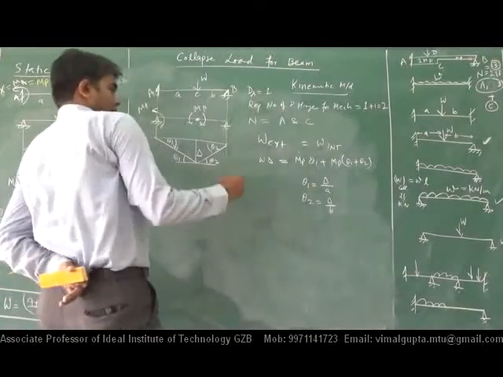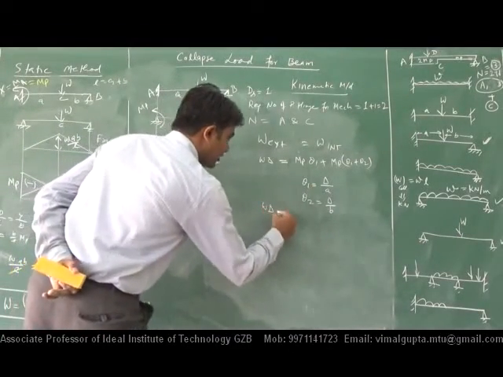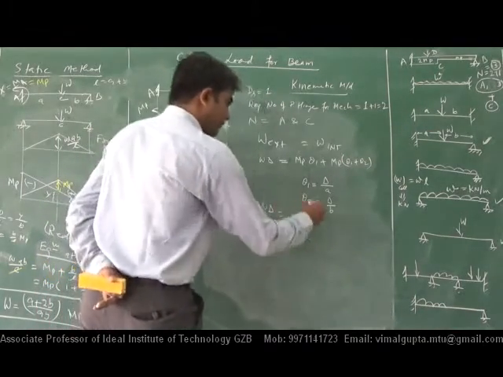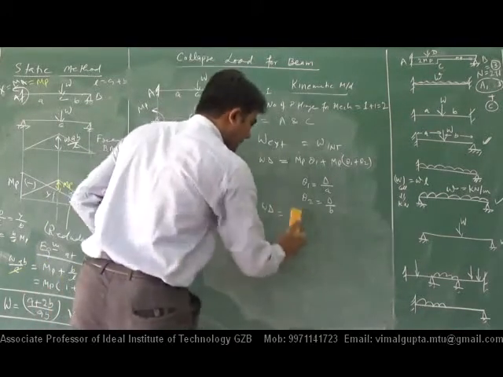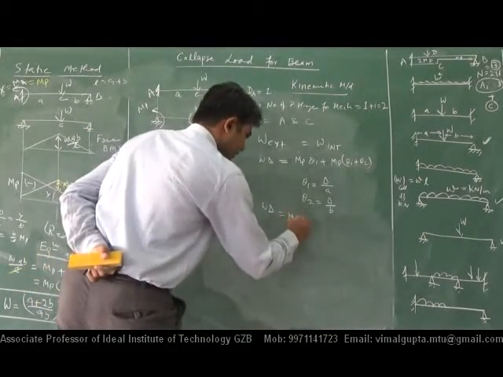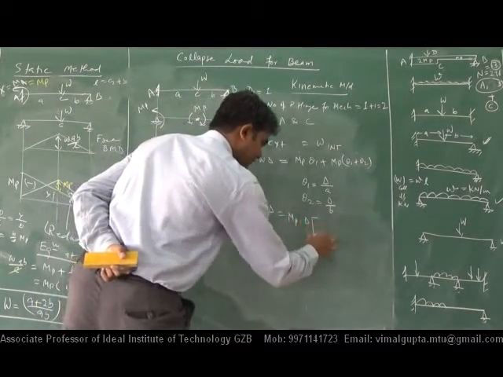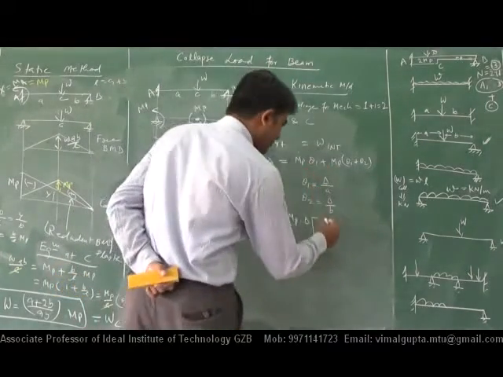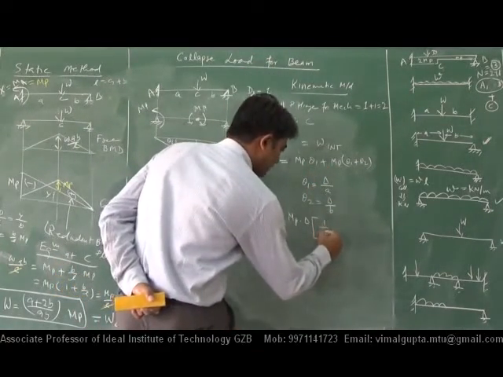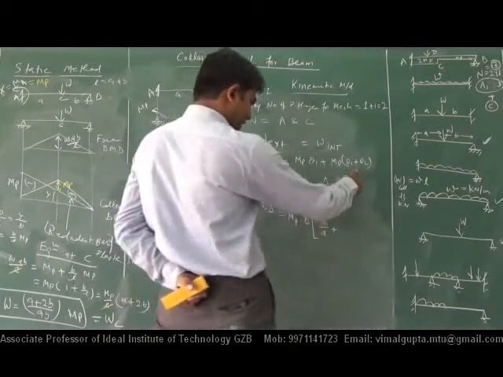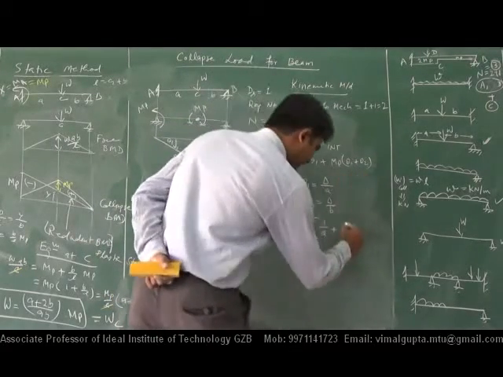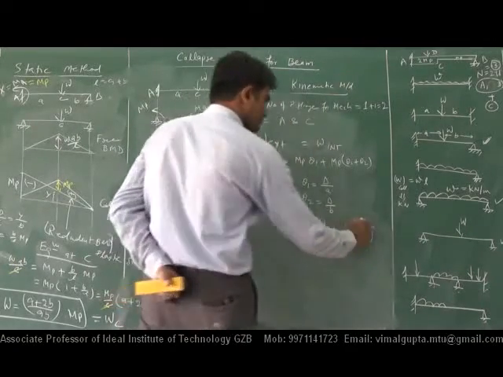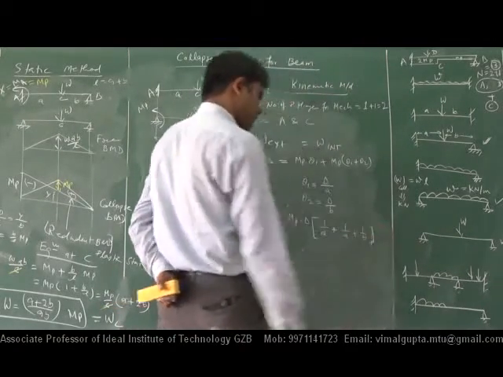So W into delta equals, taking MP and delta as common, 1 by a plus 1 by b.